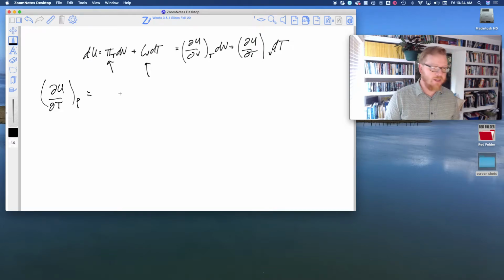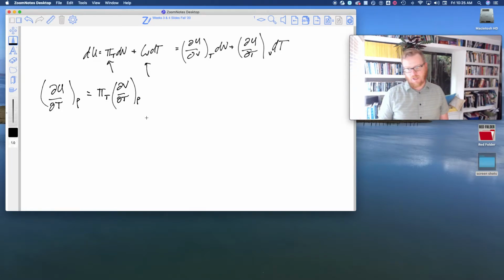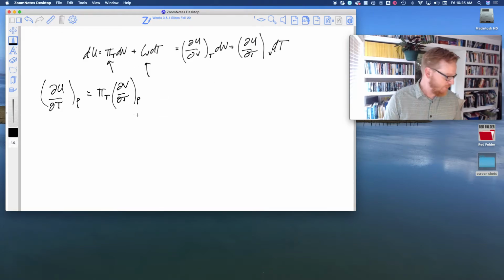I'm going to keep this pi_T. So now this is going to give me the partial of V with respect to T at constant P. That's why we're going to do dT at constant P, because if you think about that reciprocal identity that I talked about in lecture 11a, this is the last variance that we have to do.